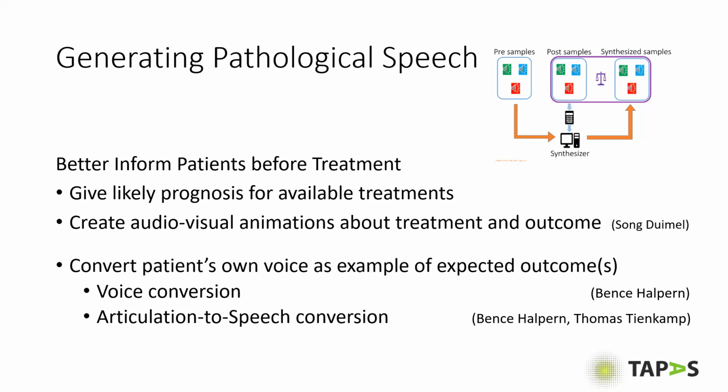And if we do articulography and we have the articulatory movements, we have another option to generate pathological speech beyond voice conversion, as Ben's told yesterday. In voice conversion, you do something magical and it happens, and no one knows what happens, actually. But if you have articulatory synthesis, you say, okay, the tongue moves this way, the sound changes that way.